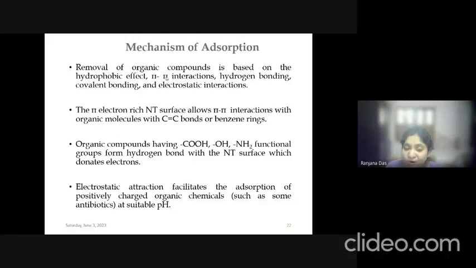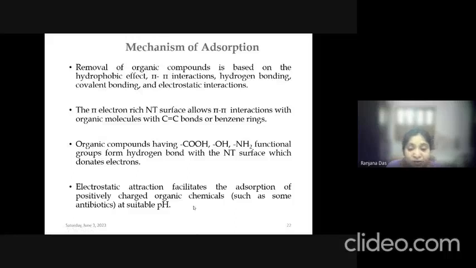Sometimes the polar components, that means having this type of functional group, are not going to get associated or absorbed with the CNT by this type of pi-pi interactions, but basically by hydrogen bonding they can be associated. And also some electrostatic attraction is there, which will facilitate the absorption of the positively charged organic chemicals. And these organic chemicals, mostly dyes, can be absorbed by the carbon nanotube.